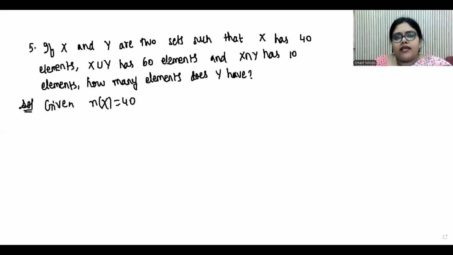X union y has 60 elements, so we can write n of x union y is equal to 60. Then x intersection y has 10 elements. N of x intersection y is equal to 10. Then how many elements does y have? So n of y is equal to how much?